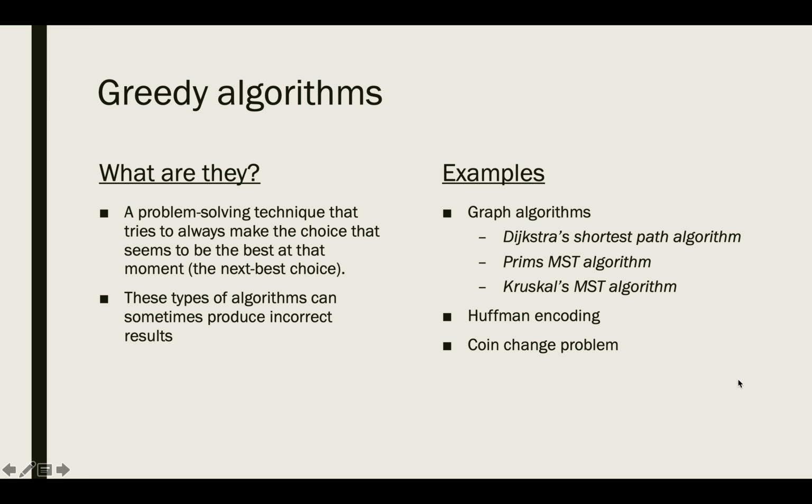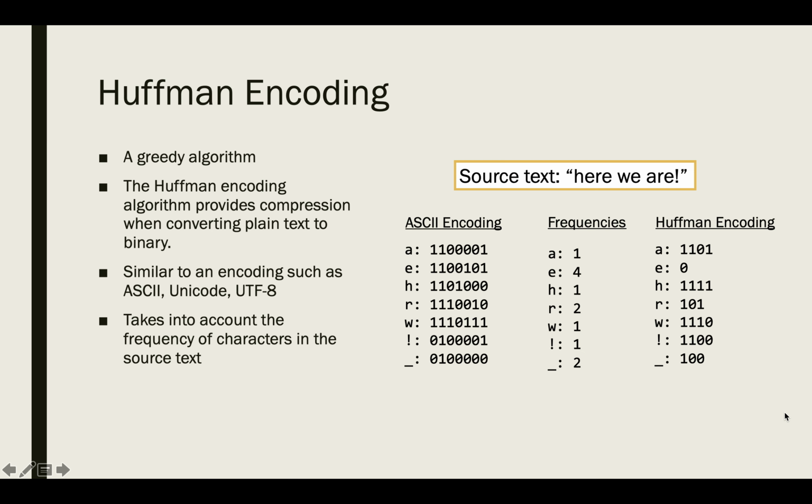So as part of these slides, I would like to show you a few more algorithms, the Huffman encoding algorithm and a coin changing problem. The Huffman encoding algorithm is just an interesting new algorithm that shows off how greedy thinking can produce an interesting result. And then the coin change problem, I put that in here to show you an algorithm that, for example, sometimes produces an incorrect result. So let's take a look at these.